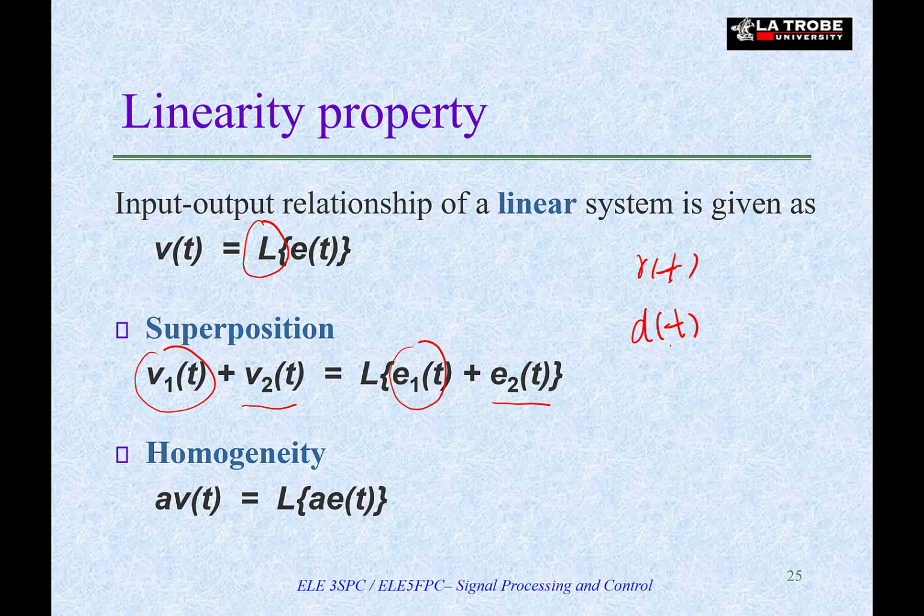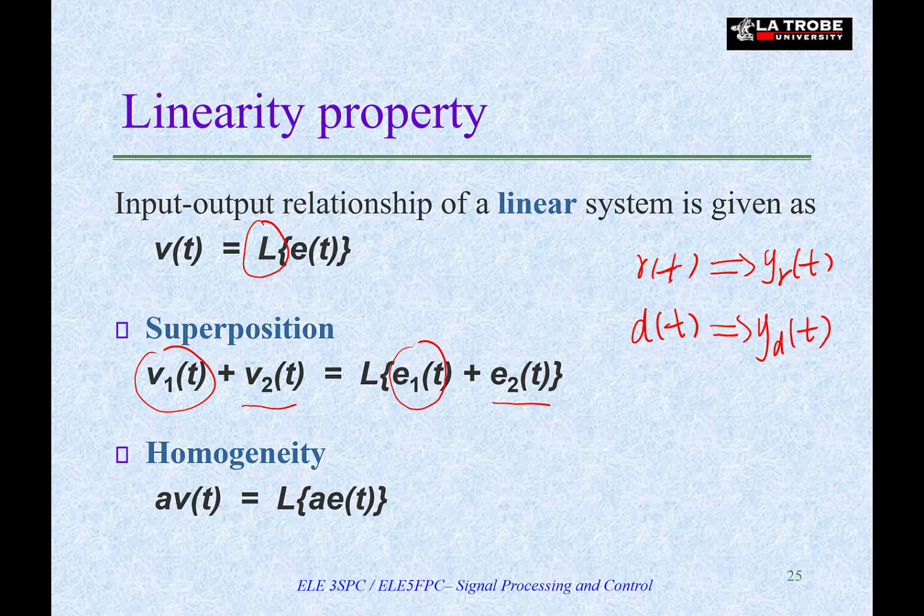How do we do it? Under the superposition law, we can treat these two inputs separately as if they are totally independent. In other words, we know that R(t) produces the output Y_R(t), and we know the disturbance signal produces the output Y_D(t).